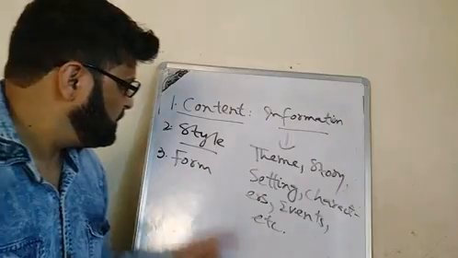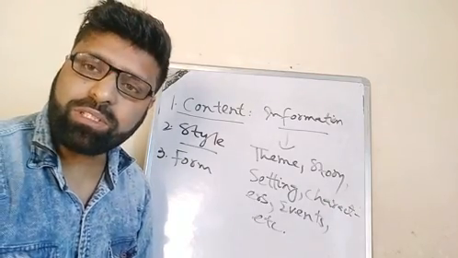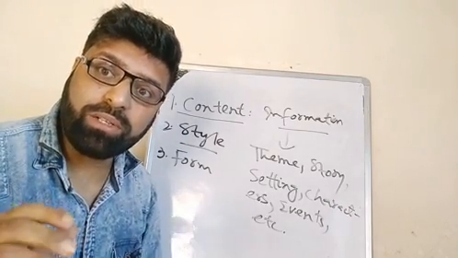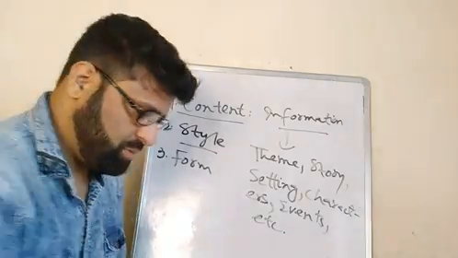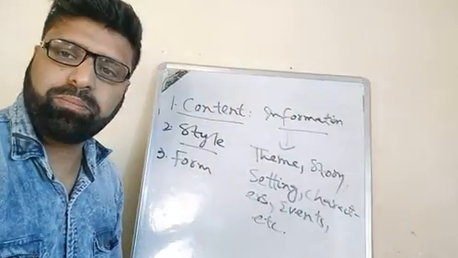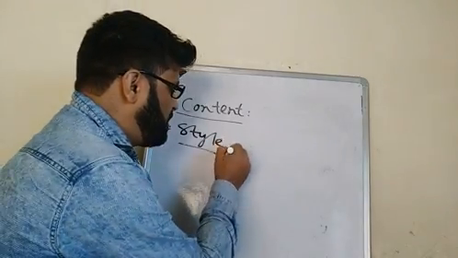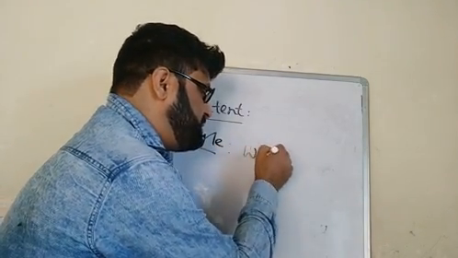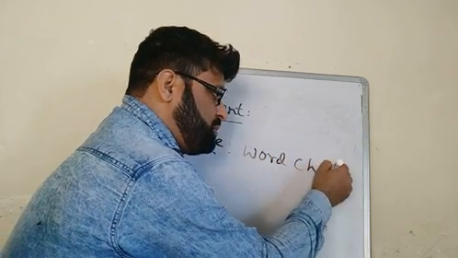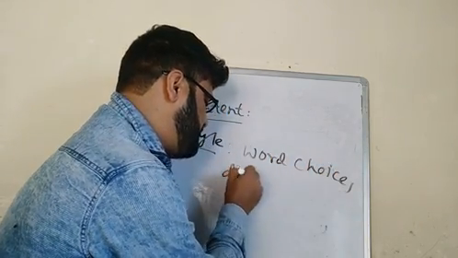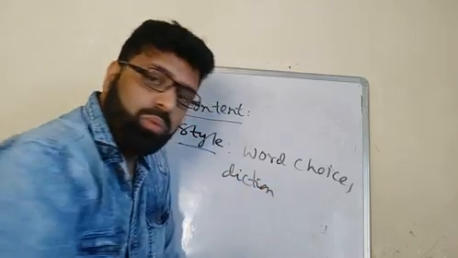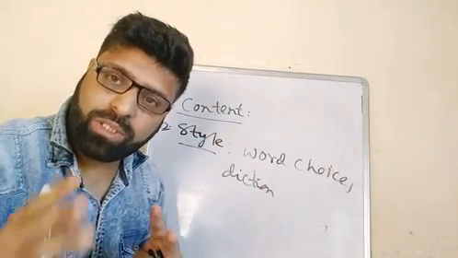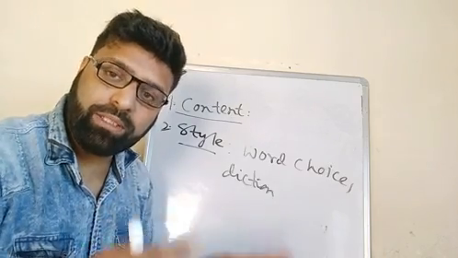And after that, we have style. What is style? Style means what are the literary techniques. For example, word choice or diction. What type of diction or words are chosen by a writer?